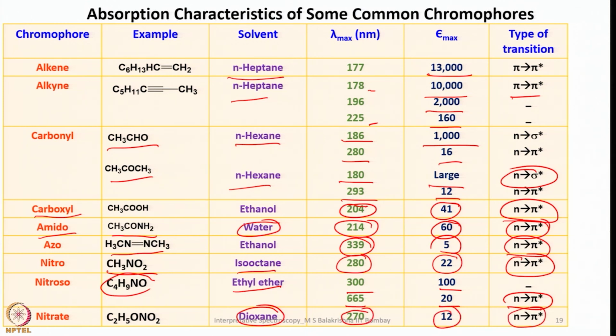So what we can see clearly is pi to pi star has higher epsilon value, and n to sigma star also has reasonably higher epsilon value, but wherever the absorptivity coefficient is very low, without any hesitation we can tell this is due to n to pi star transition. This gives some idea about the different types of chromophores and their characteristic lambda maximum and epsilon maximum, and also the type of transition we come across.